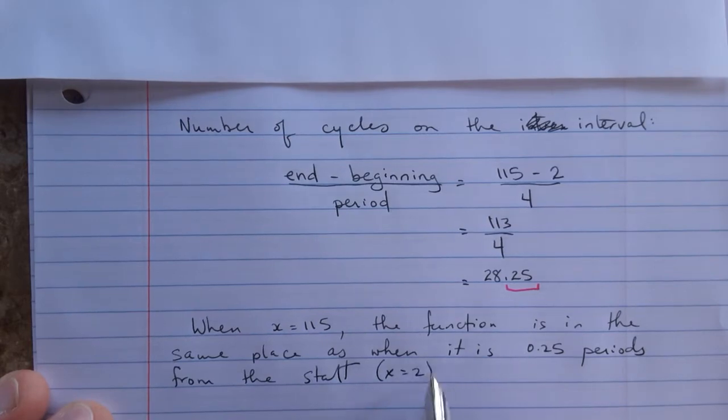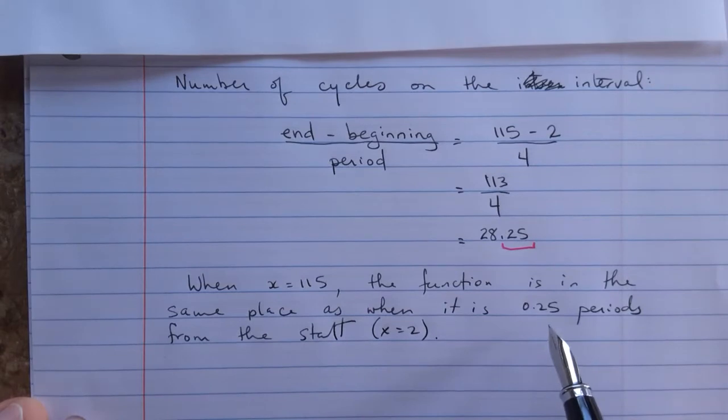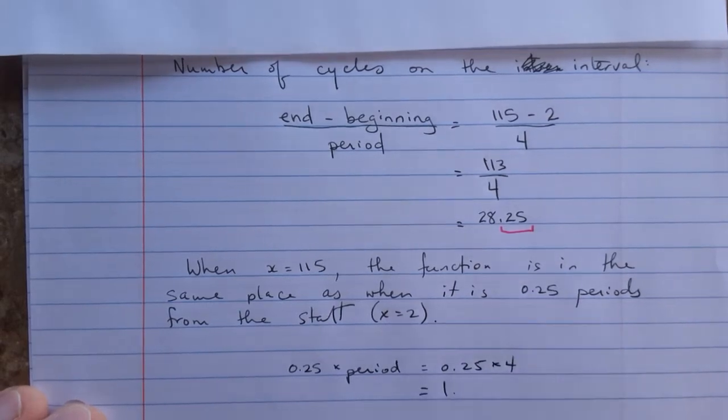That's when x equals 2. We decided that was the start of the function. So what's a quarter of a period? Well, a period is 4, and a quarter of 4 is just 1. So let me just write that down. 0.25 times the period. That's 0.25 times 4, which is 1.